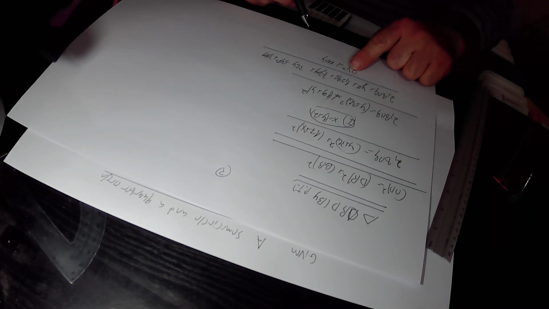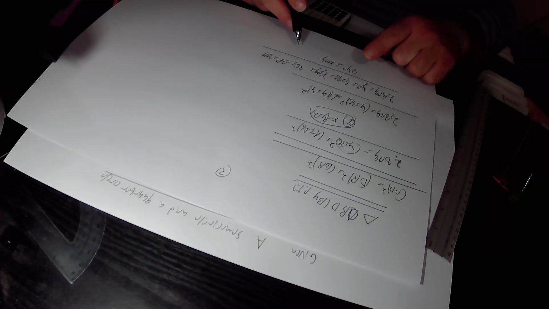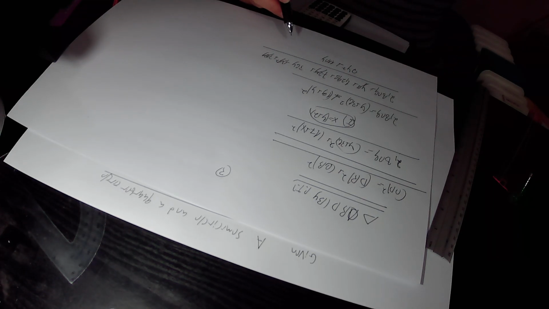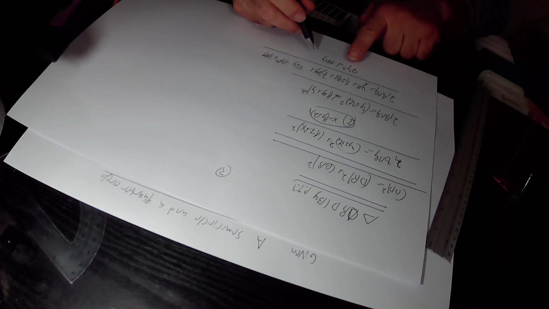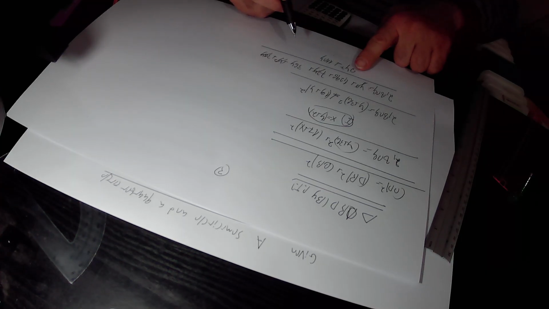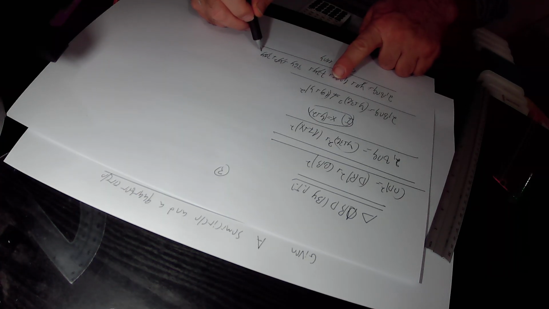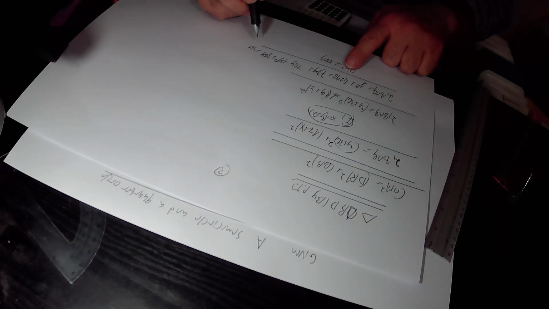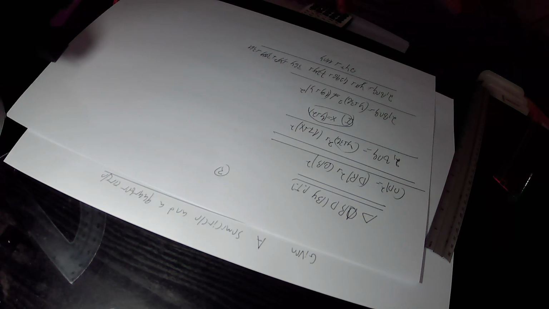Here we have 1,296, and actually it is 1,296 plus 361 of course, because 19 squared is 361. So 361 plus 1,296 is equal to 1,657.